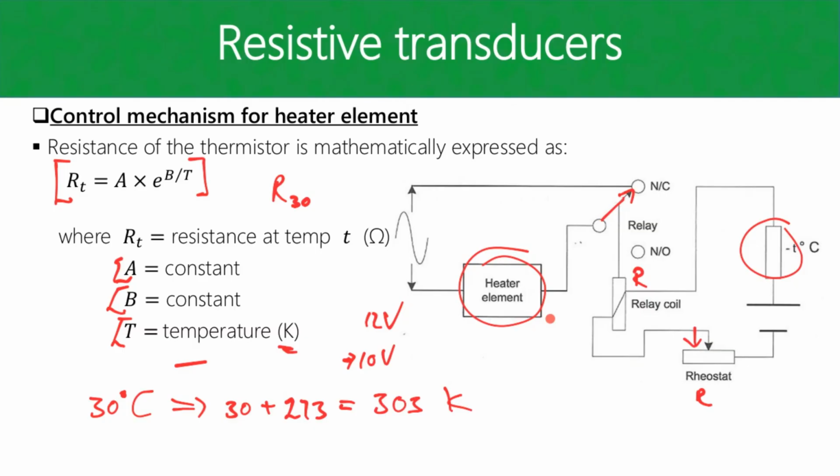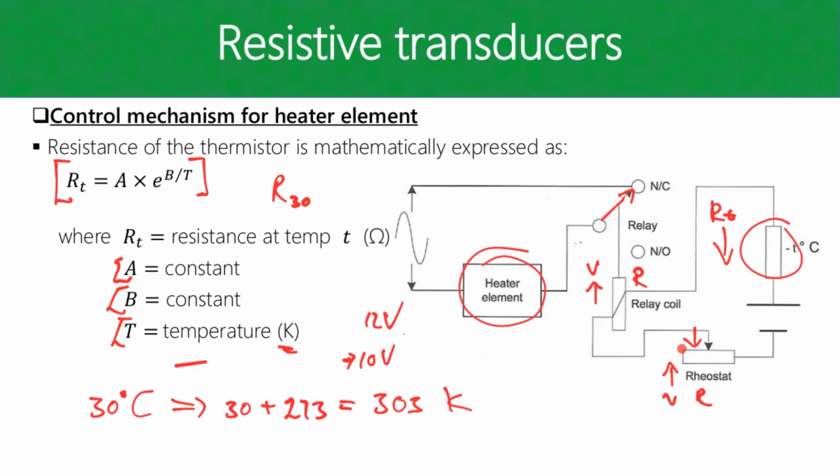Now, as the water heats up, the voltage across the thermistor changes. Remember, the thermistor's resistance is going to go down as the temperature increases, which means the voltage across it is also going to go down, which means the voltage across the rheostat and the relay coil is going to go up.